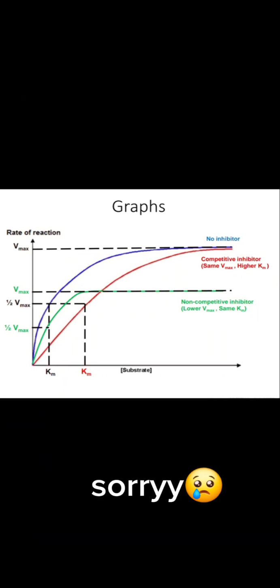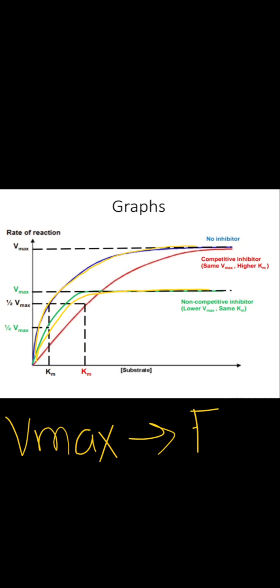Again, I'm so sorry guys, I don't know what happened, but it's okay. There was a no inhibitor. This was the non-competitive inhibitor. As we said, the Vmax was for the enzymes, and the Km was talking about the substrate. If you want to notice, you can notice the Km of both of them goes down to the same Km.